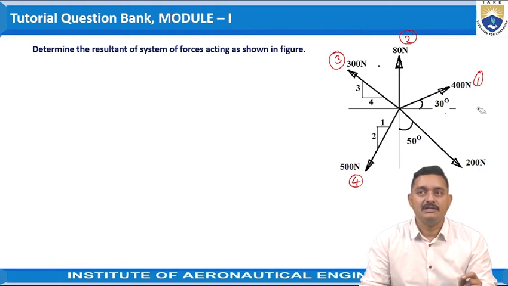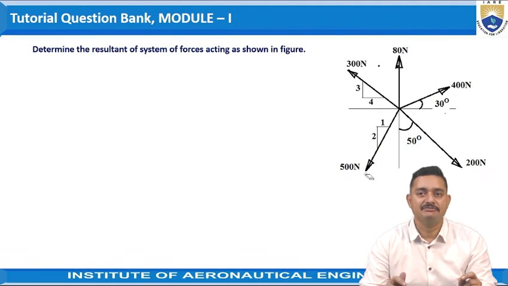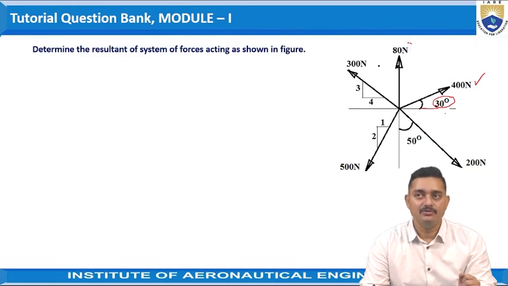For all the forces acting in the system, the inclinations are given such that this 400 Newton force is acting at an inclination of 30 degrees to the horizontal. This 80 Newton force is acting vertically.